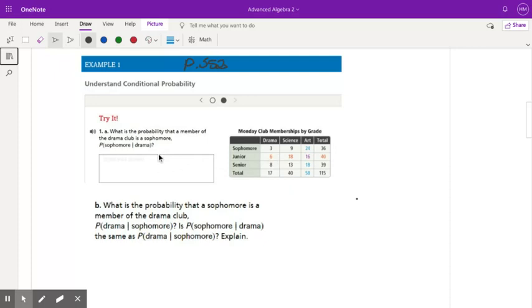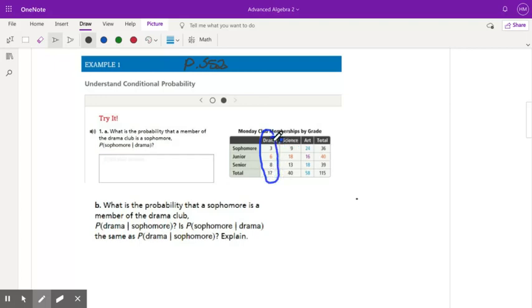Part A says, what is the probability that a member of the drama club is a sophomore? Now, this one I wouldn't necessarily use a formula for, but it is important that I understand the question. The question says that given that the student is in the drama club, what's the probability that they're a sophomore? So I'm looking at just my drama club people.